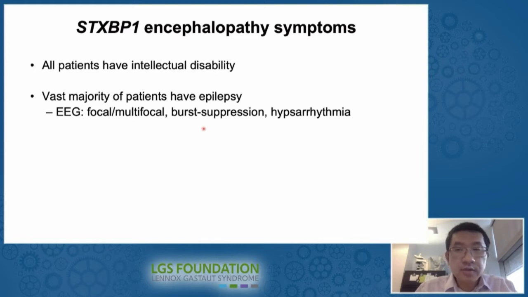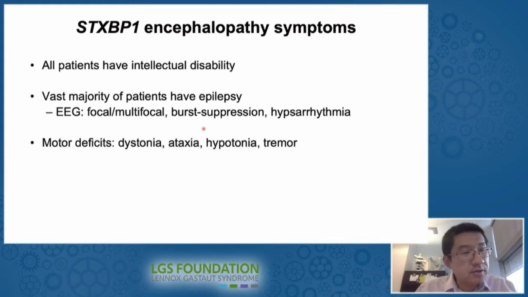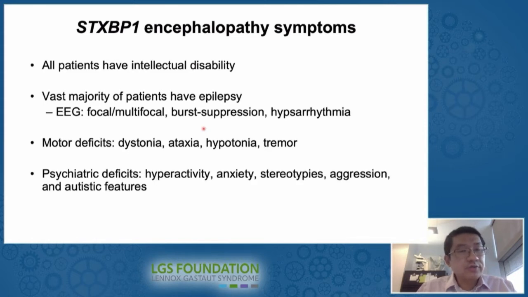Most of them also have motor deficits like ataxia, dystonia, tremor, and so on. And a subset of patients also develop psychiatric deficits such as autistic features, hyperactivity, anxiety, aggression, and so on.